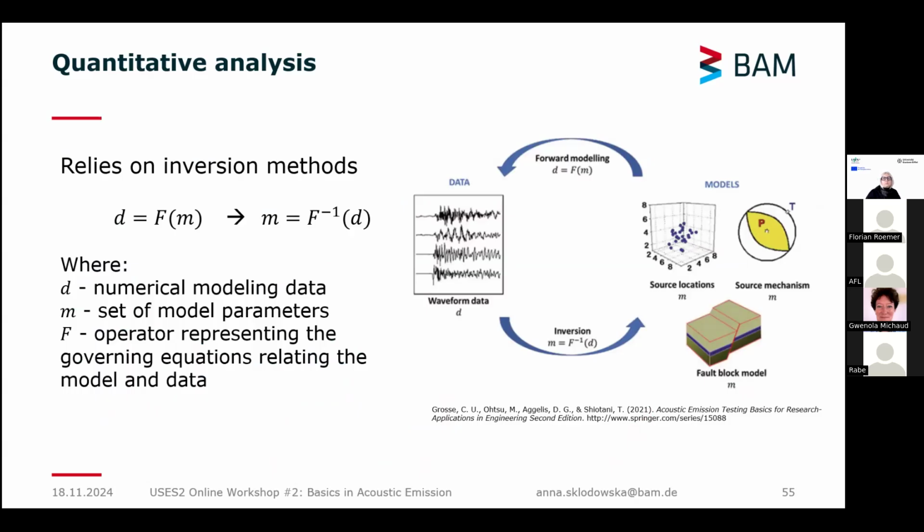I guess you're familiar, but just as a reminder, the forward problem starts with the causes and then we calculate the effects, while the inverse problem analyzes the effects and aims to estimate the causes.